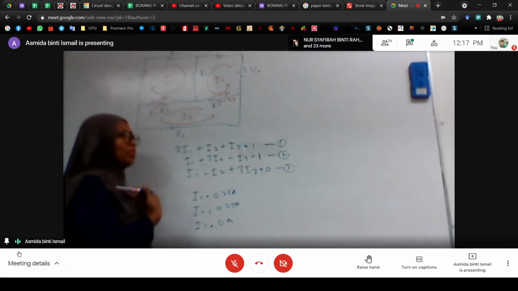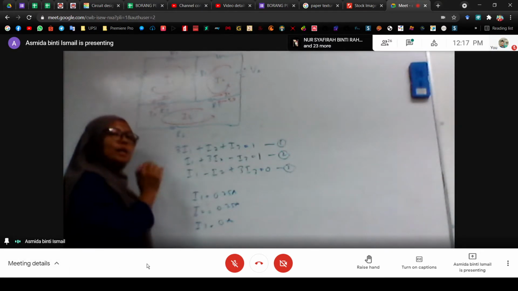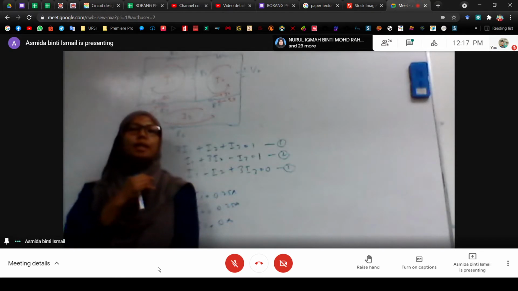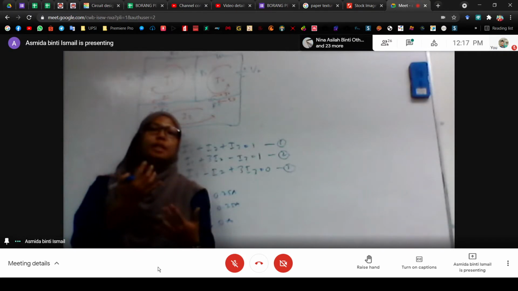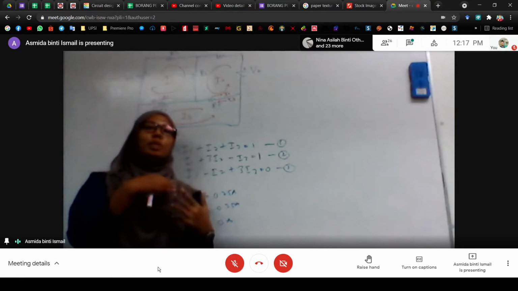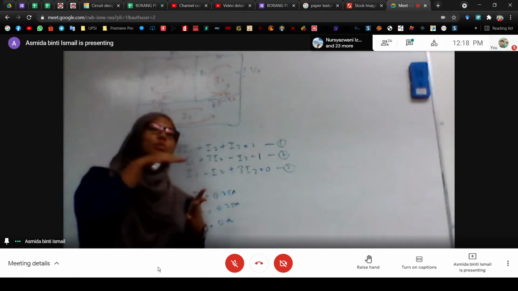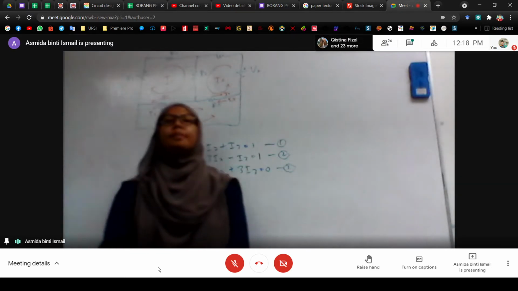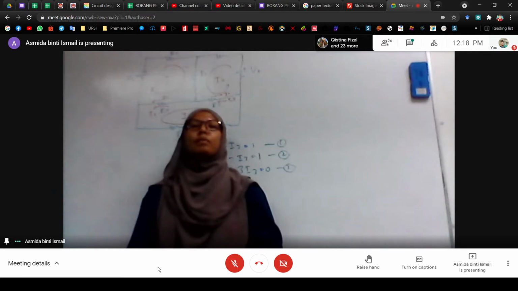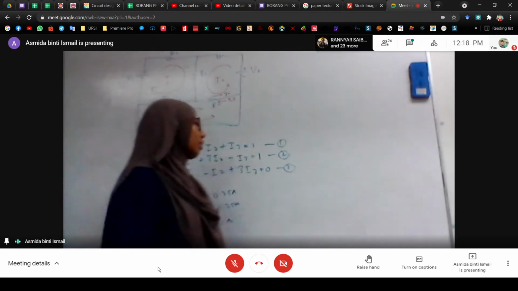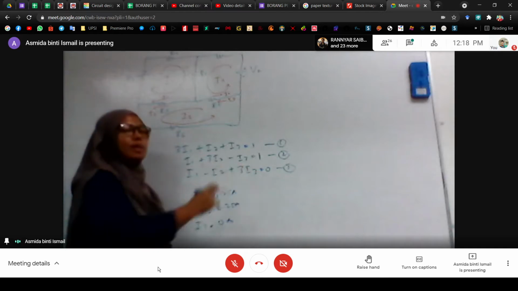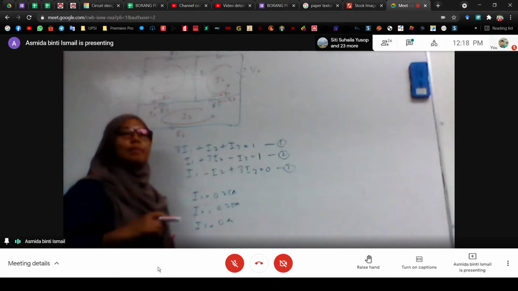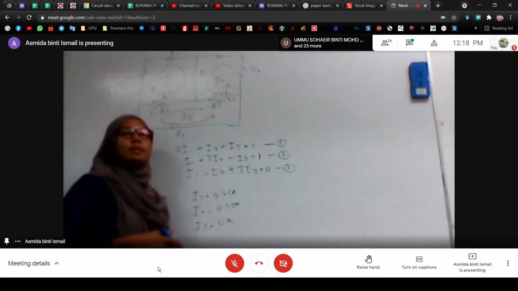To solve this, you can use the technique I showed earlier, where we substitute the value of this one into this one and use the quotient technique. Or you can learn how to use matrix form to find the values of I1, I2 and I3. I won't teach that, it's really basic math. That one is mathematics.